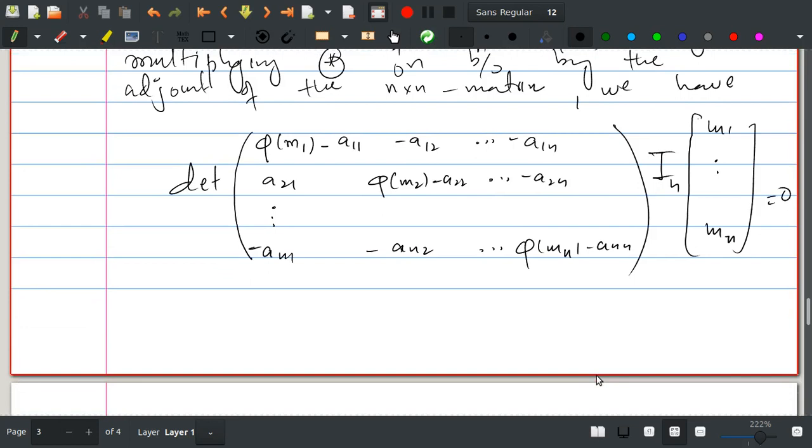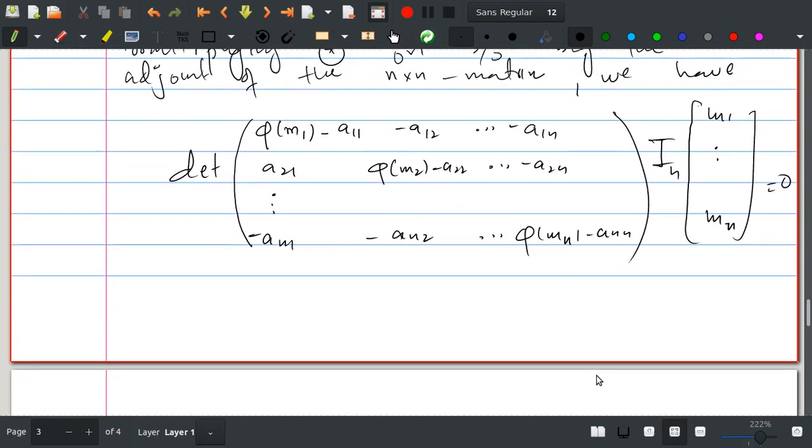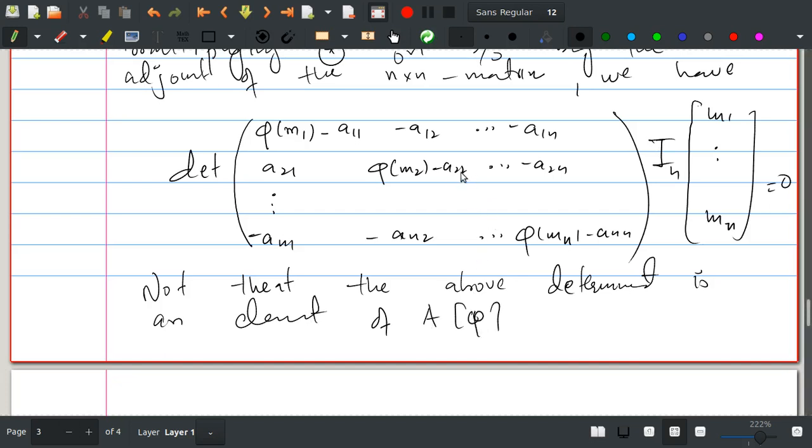So on expanding this determinant, it is actually an element of A[phi], because the elements in this matrix were elements of A[phi], and so is the determinant of this matrix.